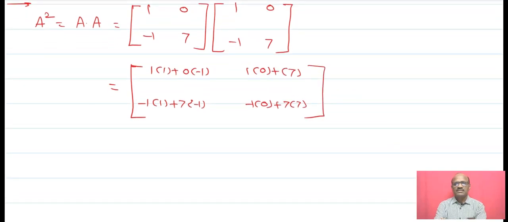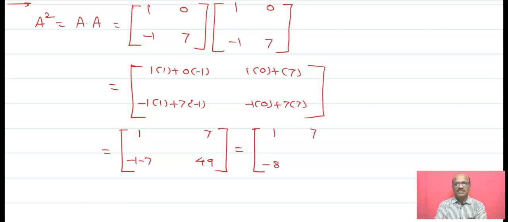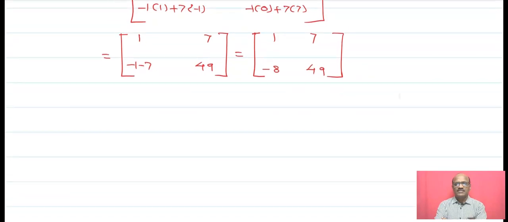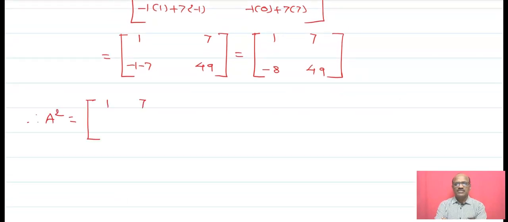Therefore, now see this multiplication. It's very simple again. That is 1, 7, minus 1 minus 7, 49. 1, 7, minus 8, 49. Therefore, A square is equal to 1, 7, minus 8, 49.